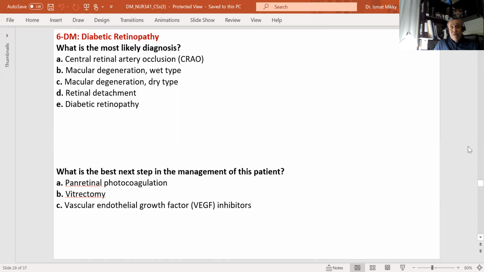The goal is to reduce the retina's oxygen demand, which will reduce the chance of ischemia in the retina. Vitrectomy will be used when patients have less hemorrhage in the retina.